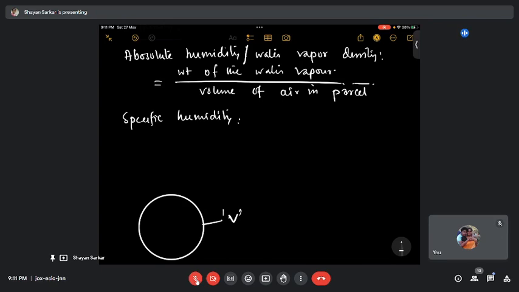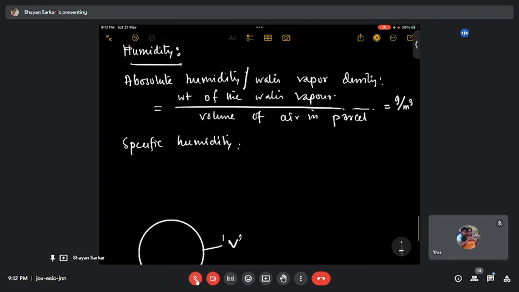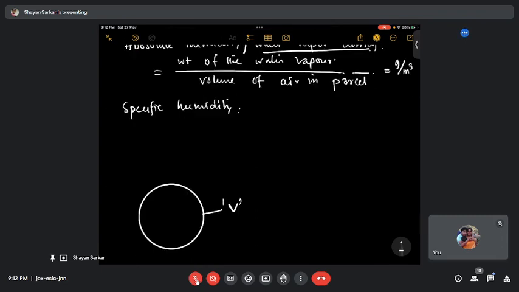Absolute humidity is expressed in gram per meter cube. That is why it is also called water vapor density.